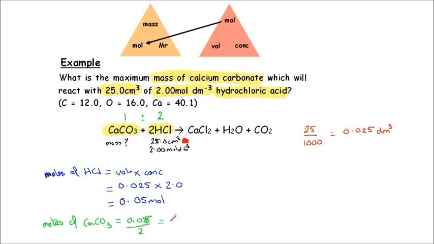So we're going to have then 0.025 moles for that. So obviously we're going to use that now when we're working out with calcium carbonate. So we know how many moles of it we've got. We can find out the molecular mass. We can find out the mass.